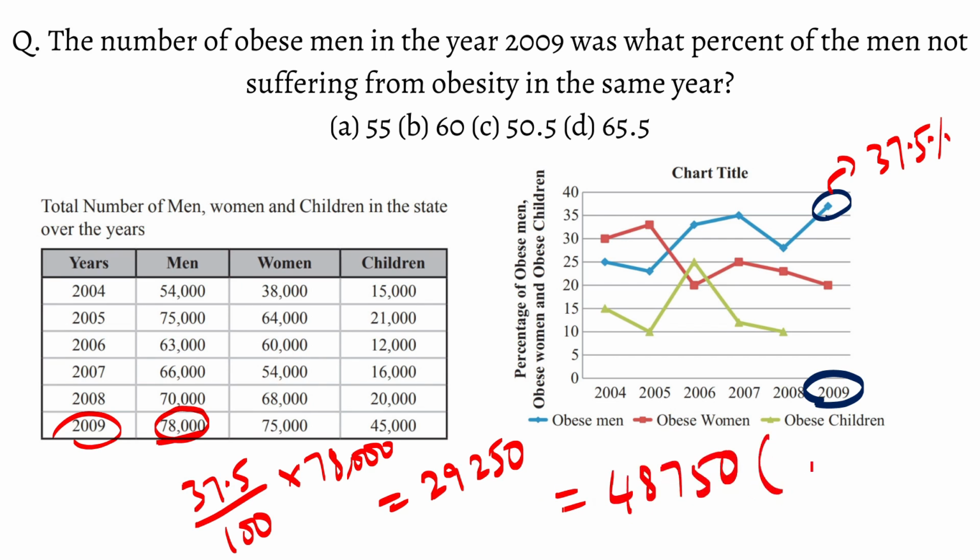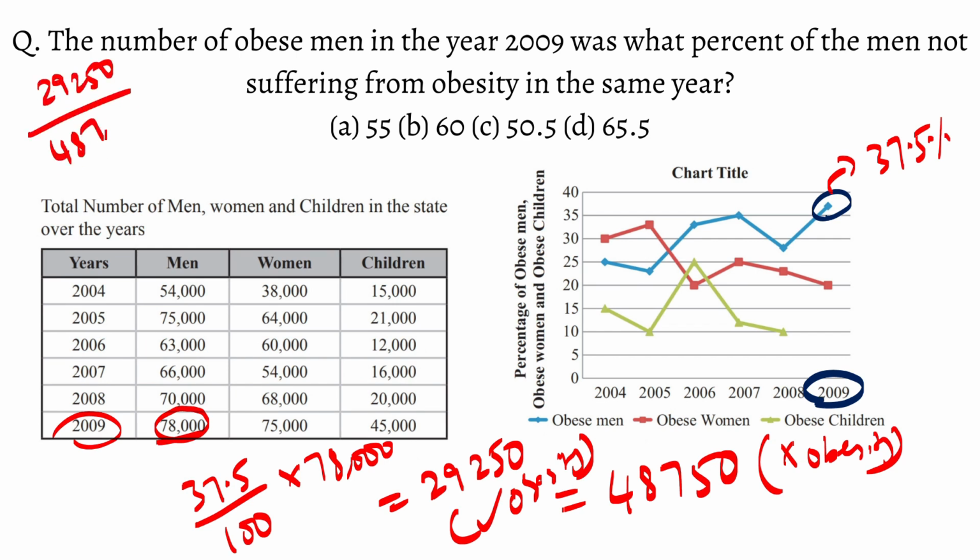These are the persons not suffering from obesity, and those are the persons who are suffering from obesity. But we are asked to find the percent of men not suffering from obesity in the same year. So 29,250 by 48,750 into 100 will be equal to 60%. So option B is the answer.